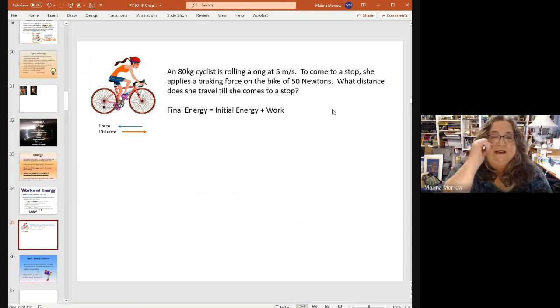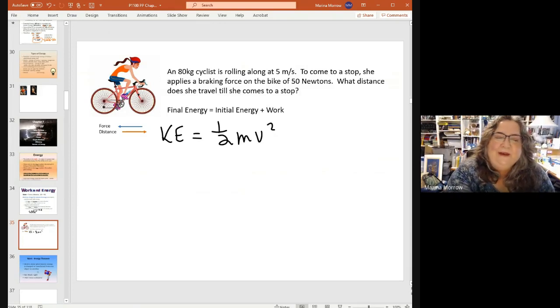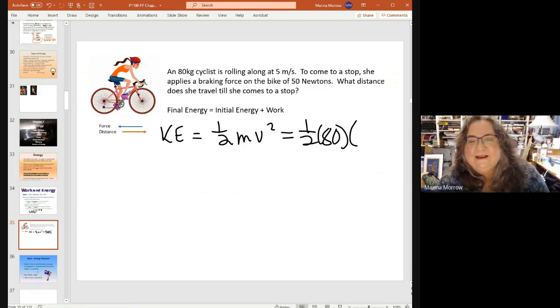So her kinetic energy, that we did before, was 1/2 mv squared, right? That came out to 1,000, so 1/2 of 80 times the velocity squared, and the velocity was 5 meters per second.